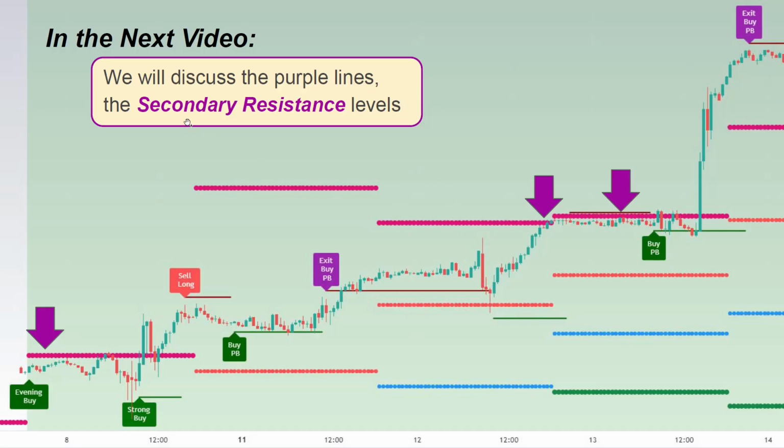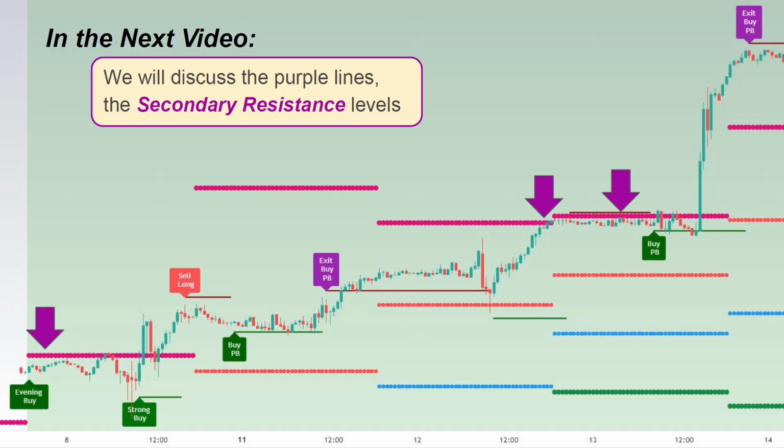I call them the secondary resistance lines, because if your daily resistance becomes a key support in an uptrending market, you still need to know where price may be going, and this is why those secondary resistance lines may be of help for you, because they'll let you know where price may go. But again, in an uptrending market, you don't have real resistance, so the sky is the limit, right?